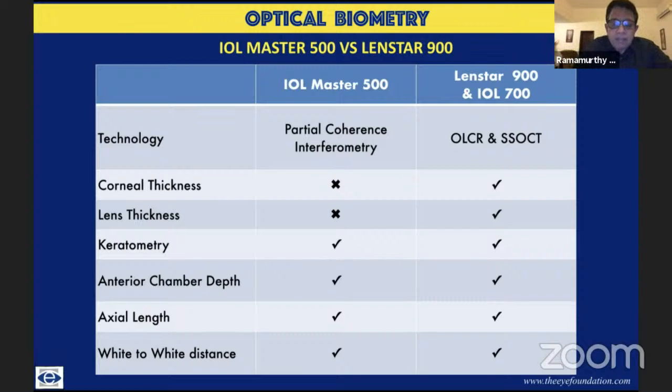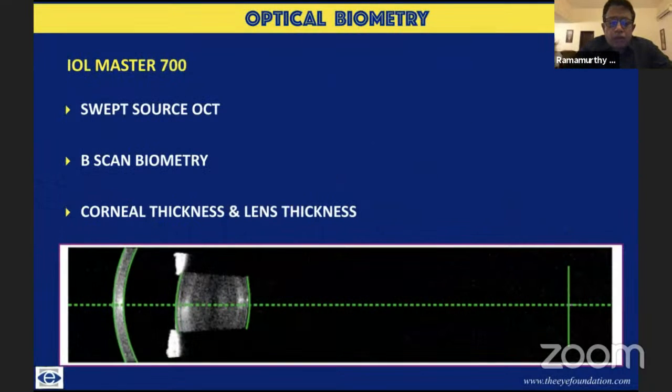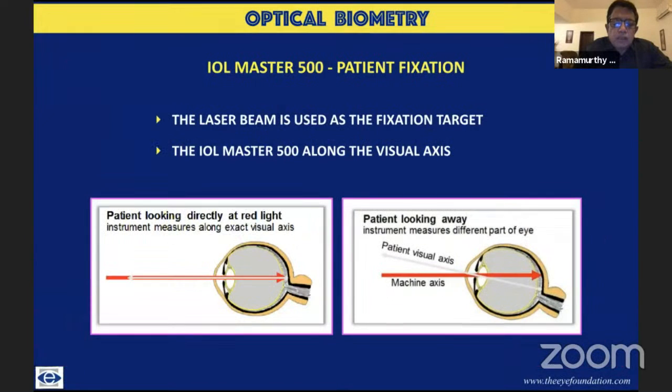So essentially, that's the reason that these biometers work very well integrated with these modern generation formulae. Because of the Swept-Source OCT and the B-scan biometry, which is integrated, both the corneal measurement as well as the lens thickness is something that's reliably reproduced by these two instruments. We look a little deeply into these features.